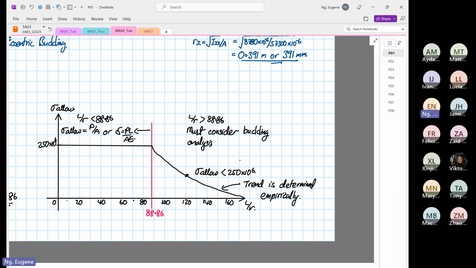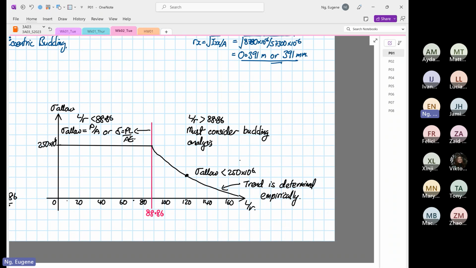You can use the standard formulas. If it's greater than 88.86, you have to consider buckling. Are we clear?